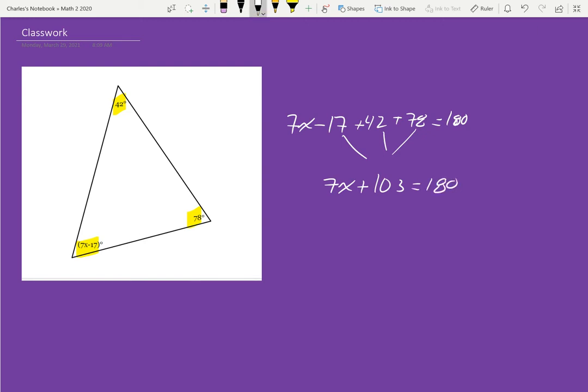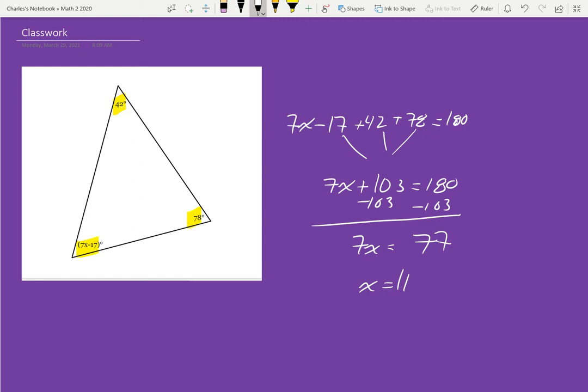We'll see in a second if I made a mistake on that, which is possible. 7x is equal to 97. Nope, not 97. 77, which means x is equal to 11.